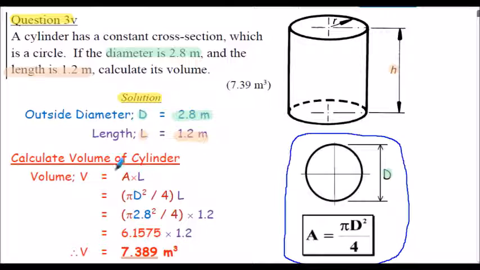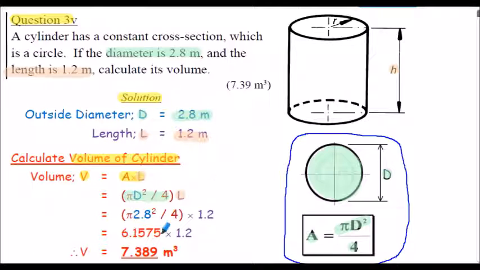So to calculate the volume of the cylinder, V is equal to the area multiplied by the length. The area calculation is pi d squared upon 4, shown here from our previous work. That's the area of the circular base. And then we multiply that area by the length.